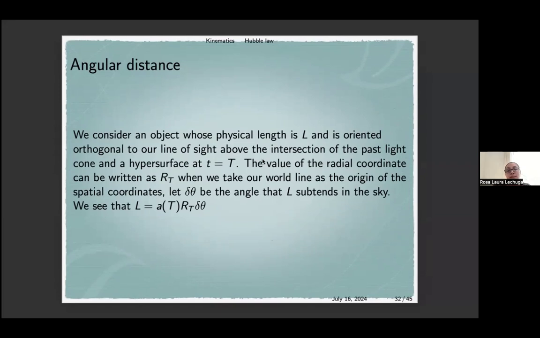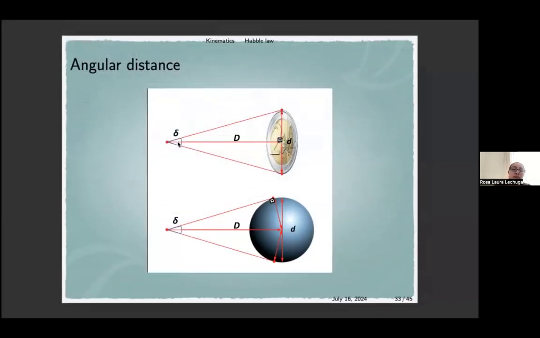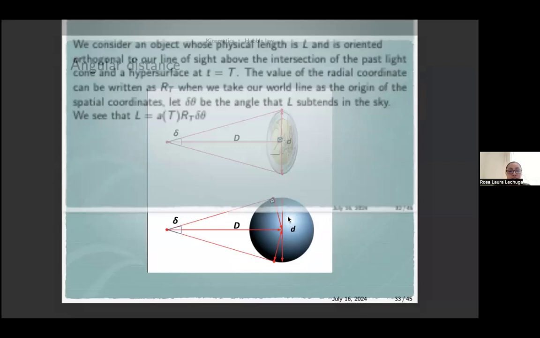So in this case, we try to represent the cone, the distance, and the object with this sphere.